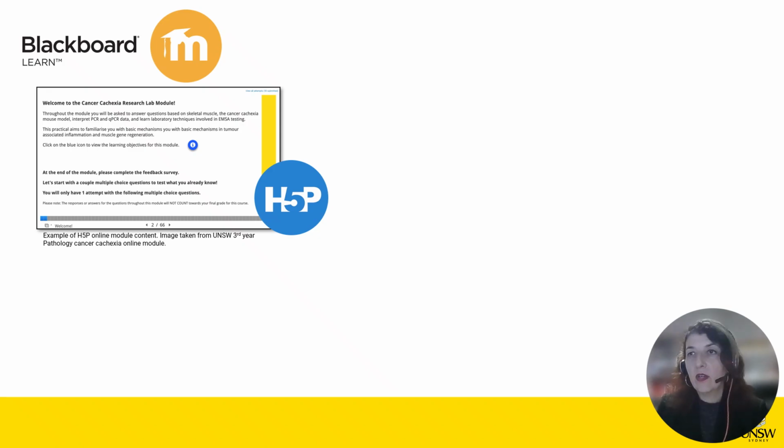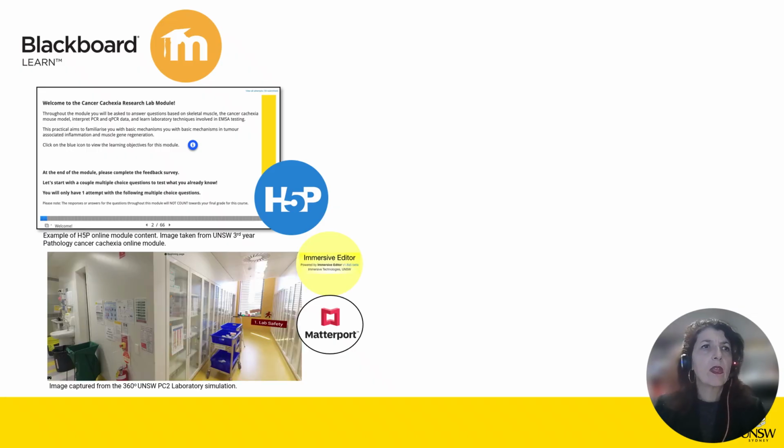We designed a whole lot of lab modules and lab learning to support students using simulations and, of course, building interesting content that really tried to unpack and explain the concept of cancer cachexia. You can imagine for an undergraduate student entering third year, understanding the topic of muscle wasting and how that occurs due to cancer is quite complex.